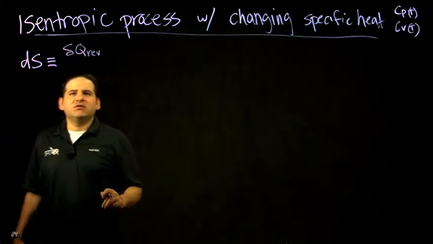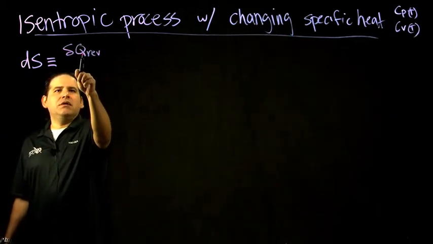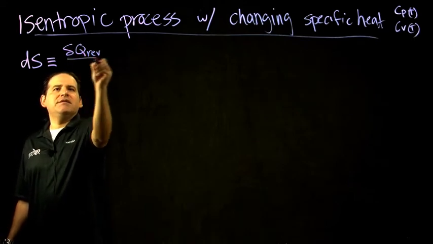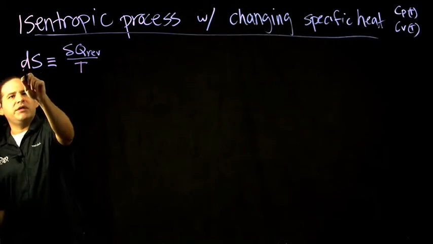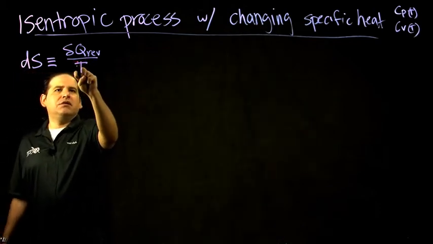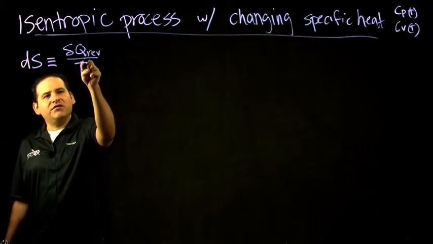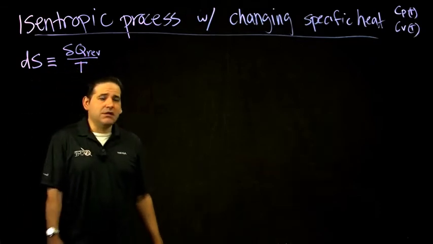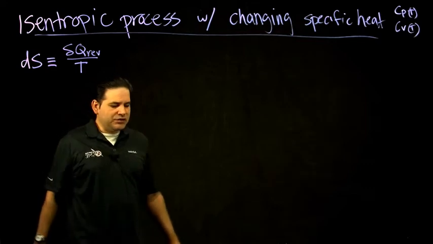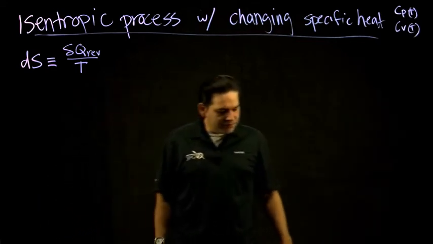If this process is reversible, you can relate it to heat transfer during a process over T. Some infinitesimal change in entropy is related to this incremental amount of heat transfer. If it's reversible, it's equal with this temperature as well.